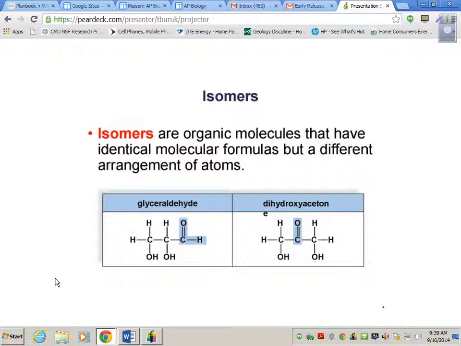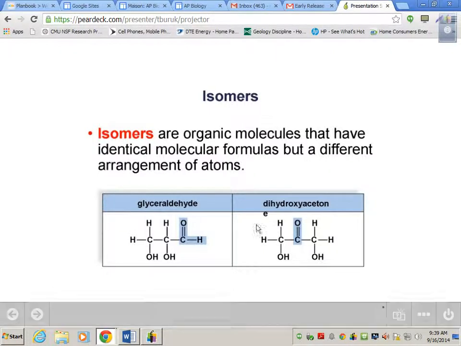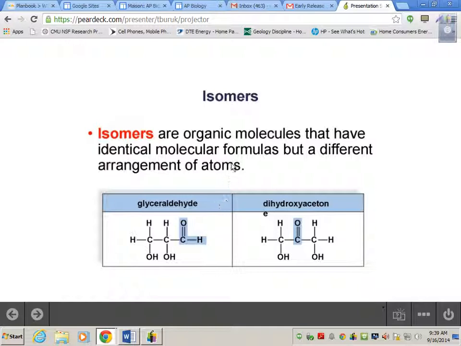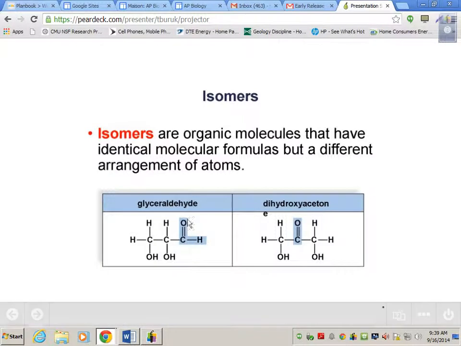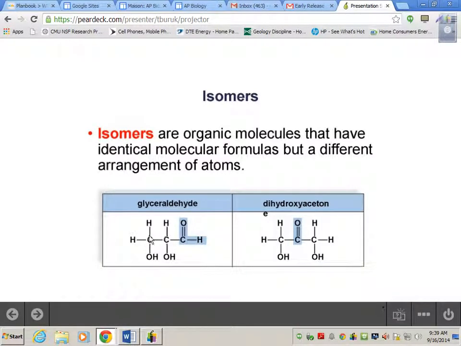So isomers are organic molecules that have identical molecular formulas but different arrangements of atoms. Often on the AP exam, they will give you, let's say, glyceraldehyde and dihydroxyacetone. They could be any two random molecules. They would expect you to go through and say, okay, that has 1, 2, 3 carbons, 1, 2, 3 oxygens, and that one also has 3 carbons, 3 oxygens, and the same number of hydrogens.